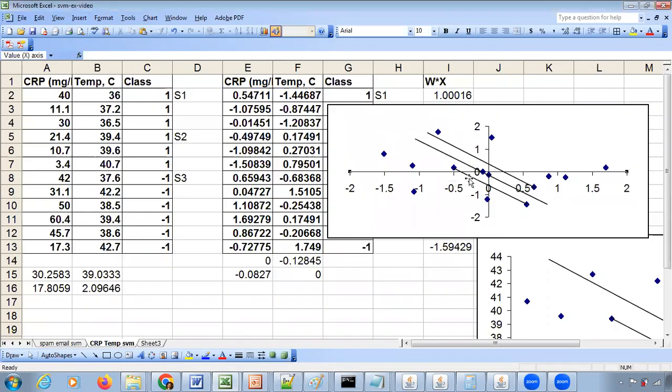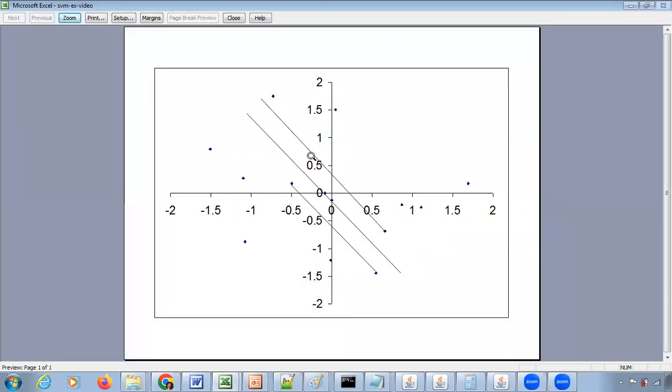So this margin is something like negative 0.3, and it goes up to 0.2.